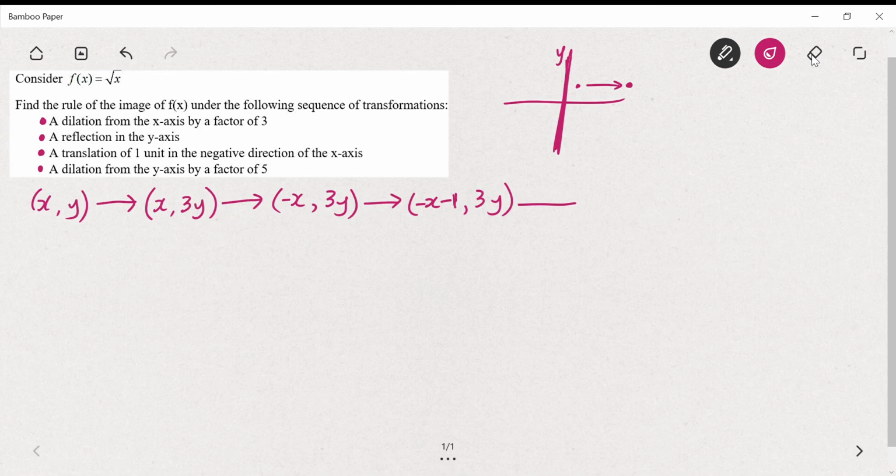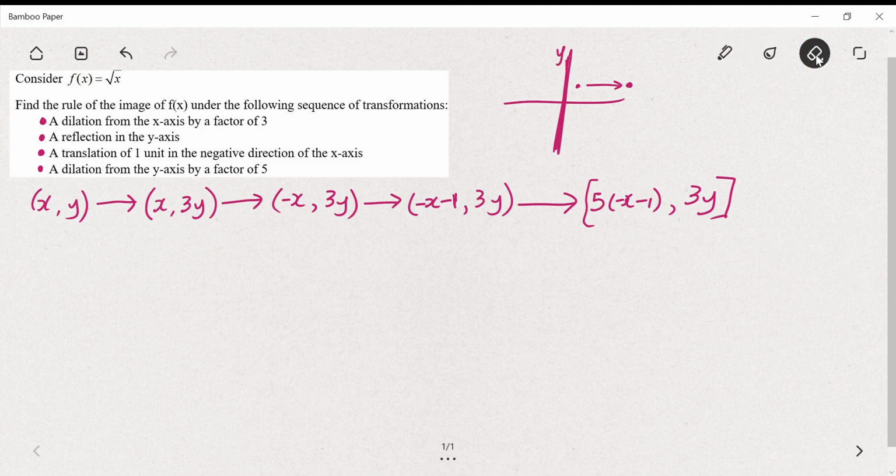So the final thing that happened here was this minus x minus 1 that we had was multiplied by 5 to make it go 5 times further away, and we had 3y sitting there. So if we went through all the things that happened to our point, we would end up with that point there.